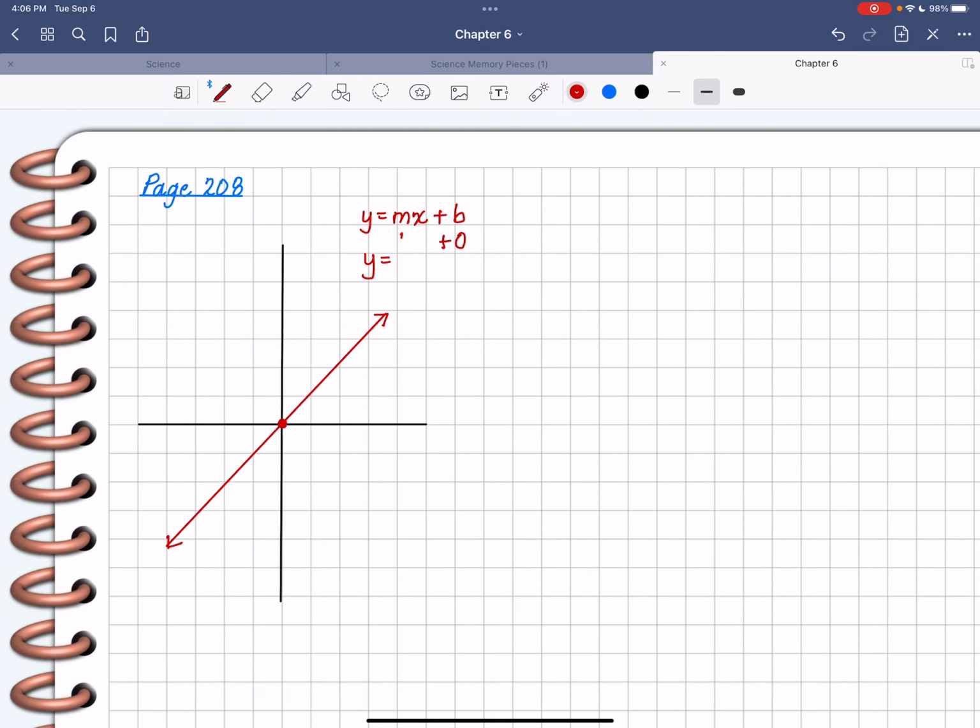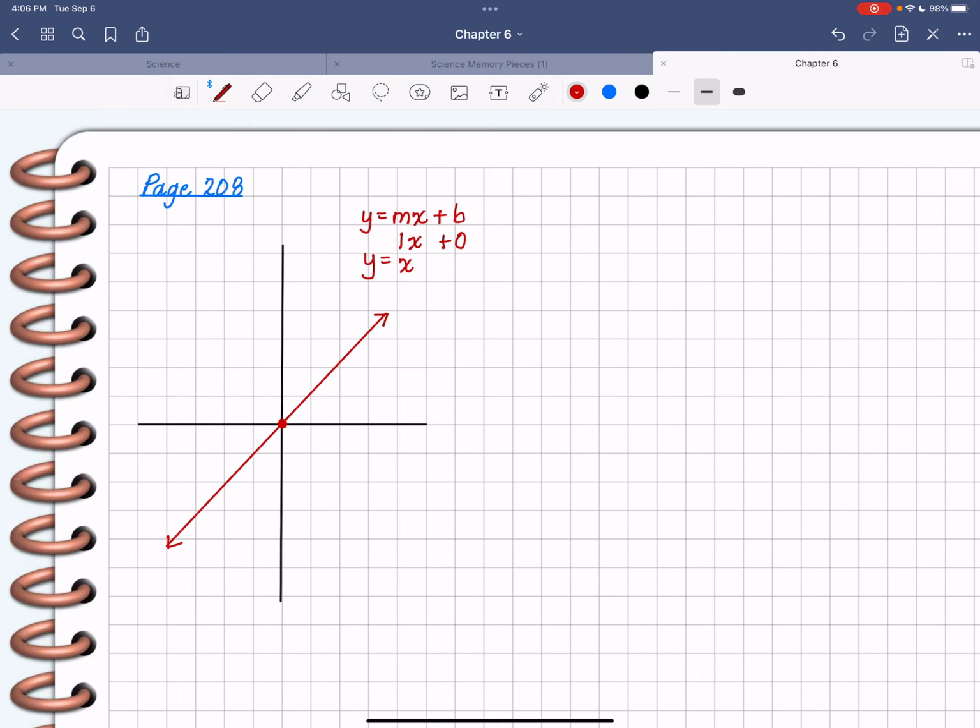So y equals 1x plus 0. And the 0, of course, drops off. The 1 is a ghost, so we're saying that y equals x. Everywhere you have an x value, you will have the y value being equal. This is about as basic a linear function as we can write.